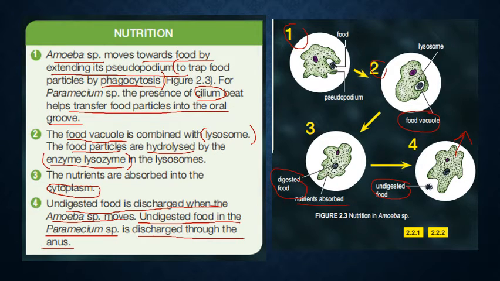So in terms of nutrition, paramecium has its own oral groove. The food enters in the oral groove, while the undigested food is discharged through the anus. So it has a specialized structure for ingesting and excreting food, which is the oral groove and anus.